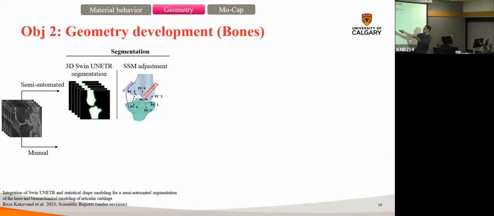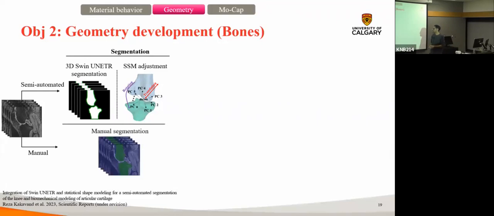And then we get the outcome of the machine learning segmentation model. The geometry is not smooth, really. It's not suitable for finite element. So we apply a statistical shape model to smooth this geometry and to make it suitable for simulation.